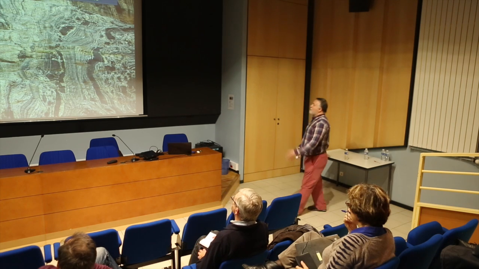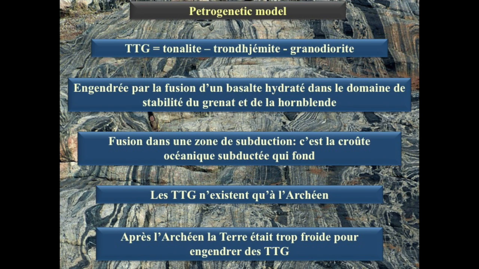Okay, so some summary. TTG are tonalite, trondhjemite, and granodiorite. They are generated by melting of hydrous basalt in the garnet and hornblende stability field. Melting can take place in the subduction zone, and in this case, it is the oceanic subducted crust that melts. And TTG exists only in the Archean.